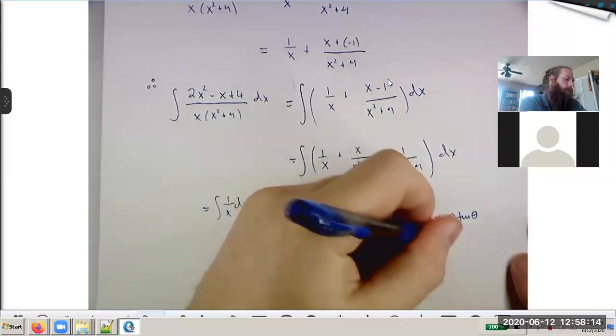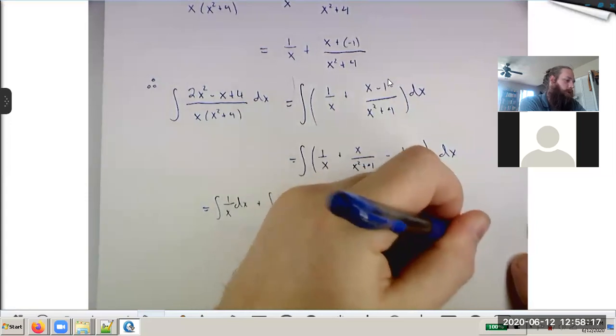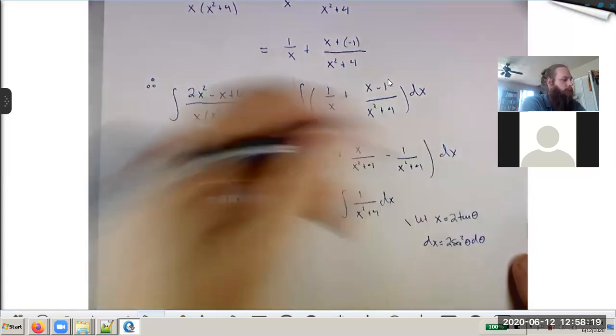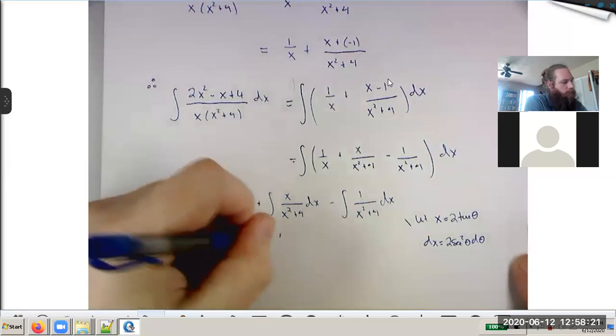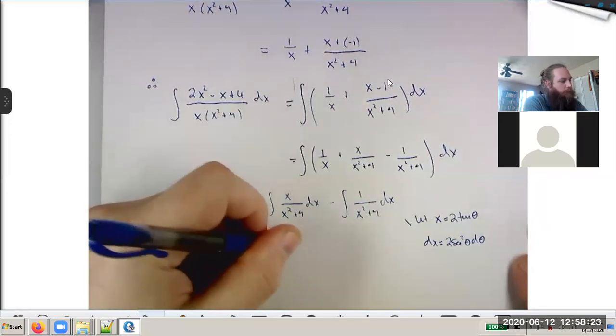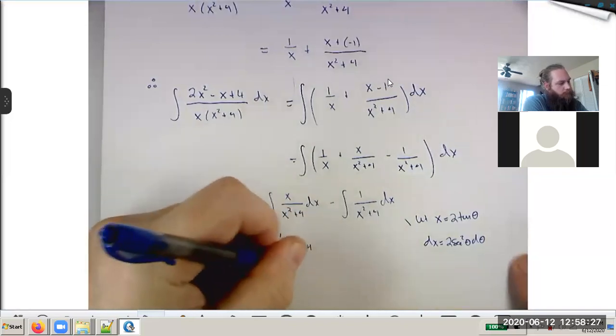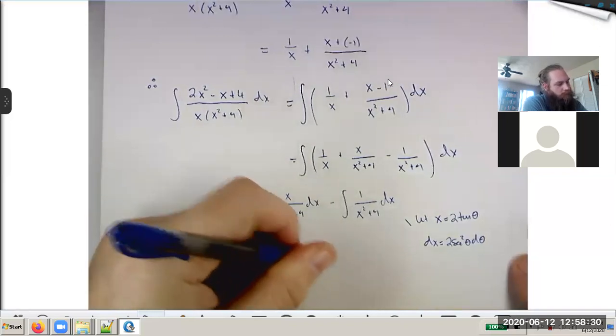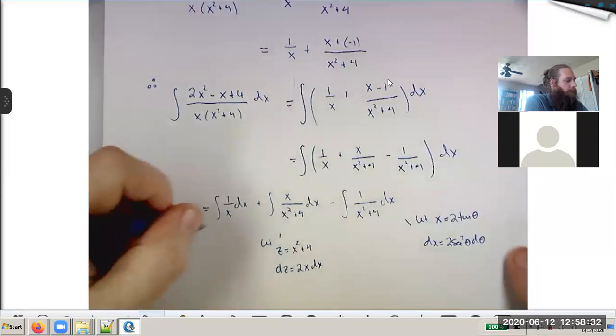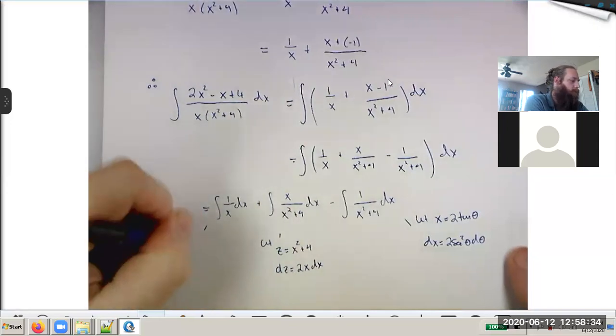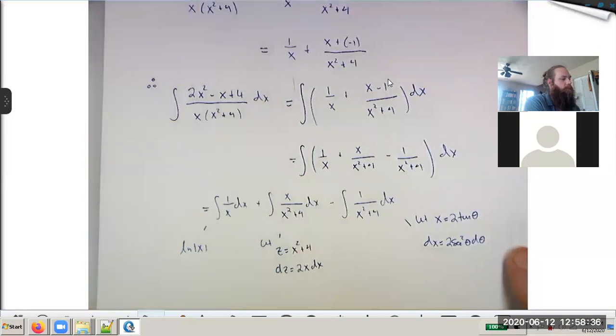Dx would be 2 secant squared theta d theta. In this guy, we're going to let z be x squared plus 4. dz then is 2x dx. And this one is easy. He's just the natural log of the absolute value of x.